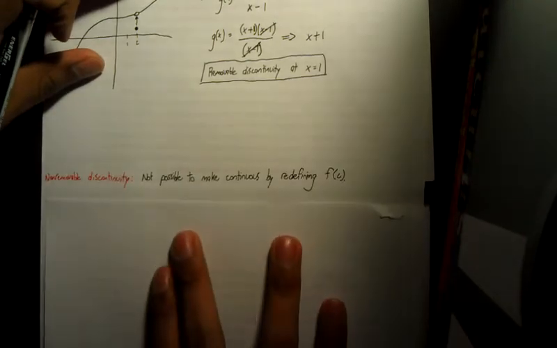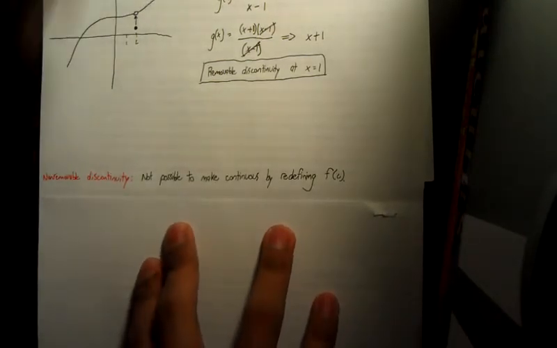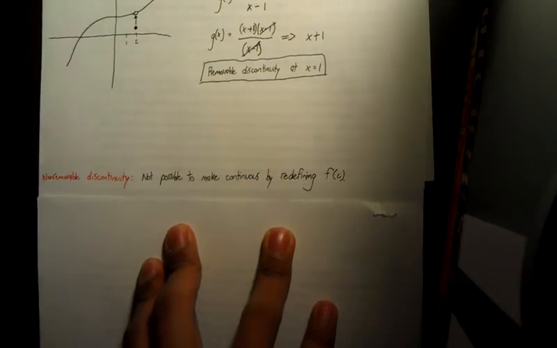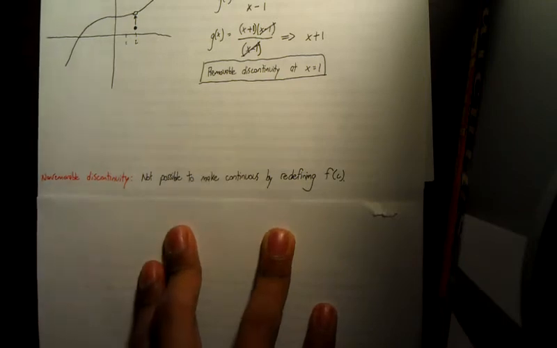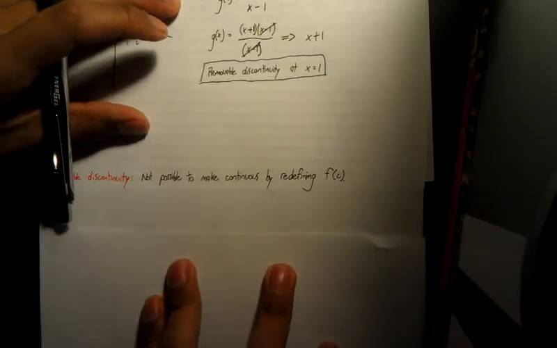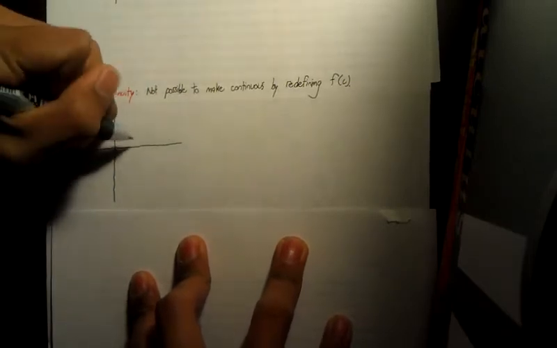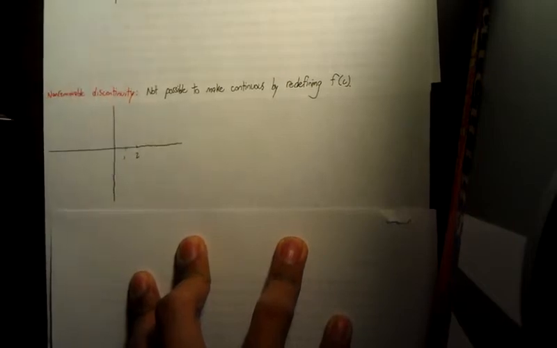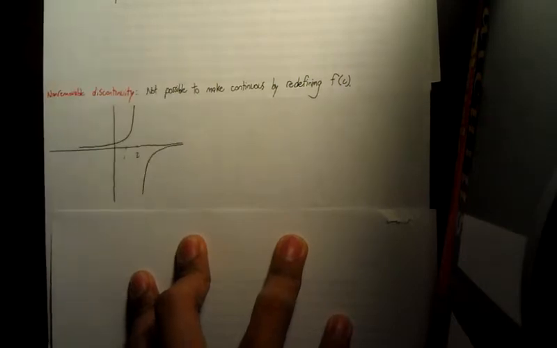The other type of discontinuity is the non-removable. And that's when it is not possible to make the graph f continuous by redefining f of c. This usually occurs when there's an asymptote involved. So say you had a graph that was like this.